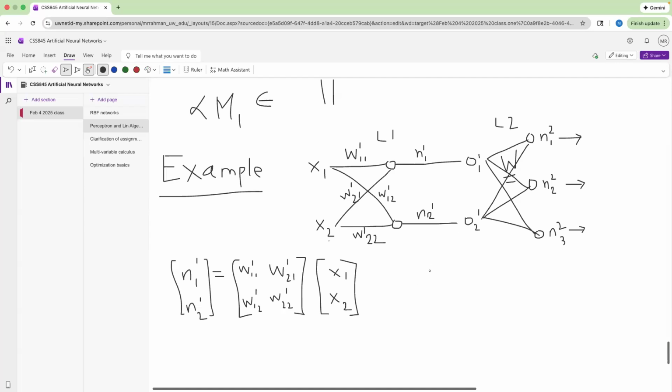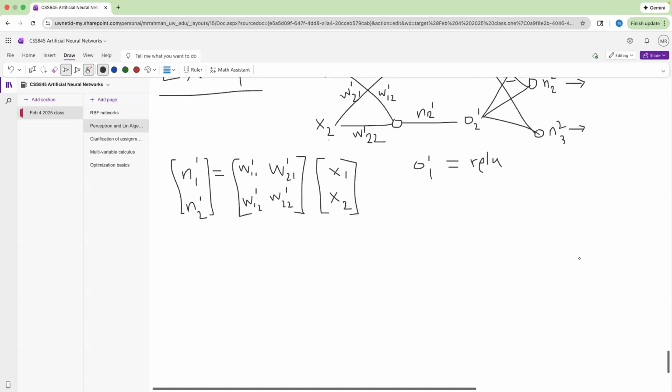And then the O11 becomes a nonlinear unit. For example, we can say we're going to apply a ReLU here, right? We're going to talk about nonlinearities a bit later, but ReLU is the nonlinearity where if it's less than zero, then it's zero, and if it's greater than zero, then it's linear.